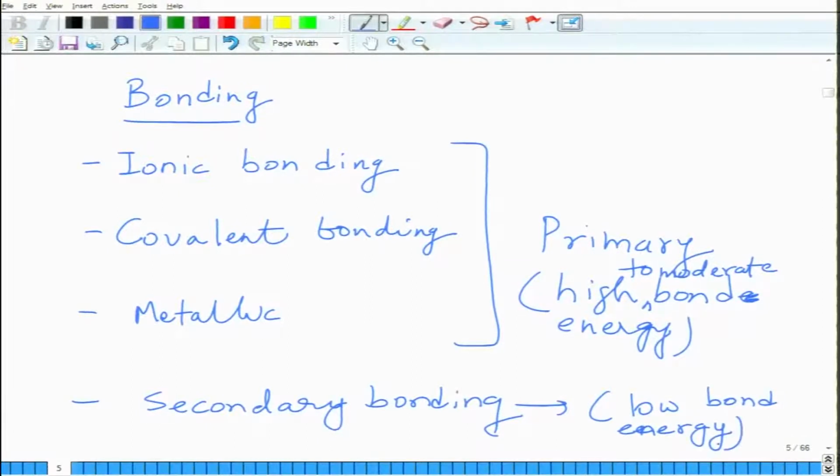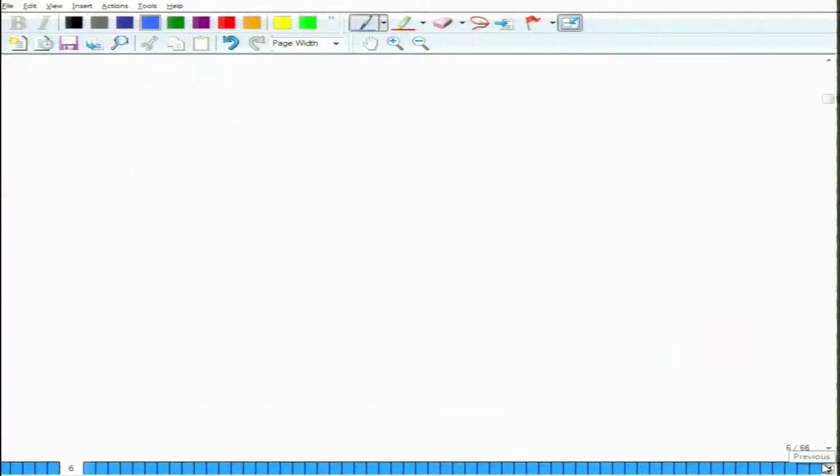So I will show you the bond energy magnitudes later on as we move on. But there is a substantial difference between the bond energy of the two, and that is why materials which are purely covalently or ionically or metallically bonded are stronger than materials which are secondary bonded. So let us look at the ionic bonding to begin with.